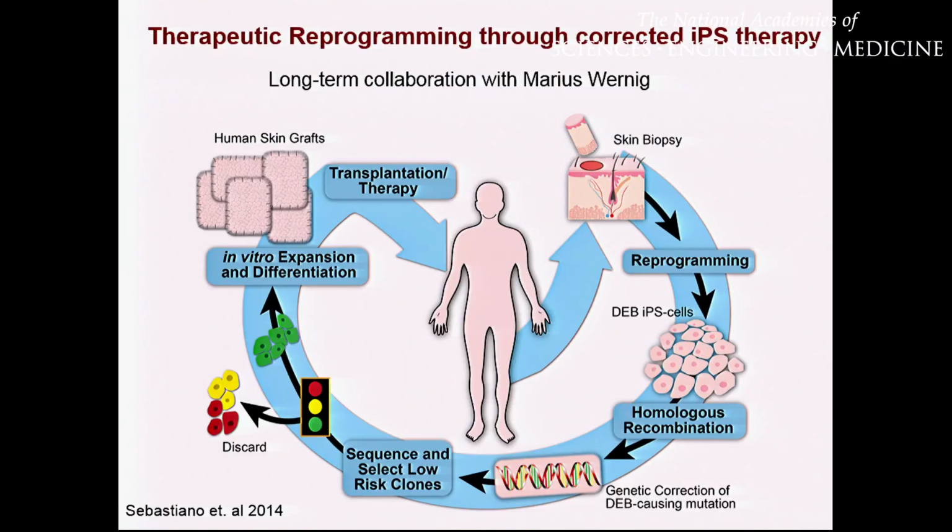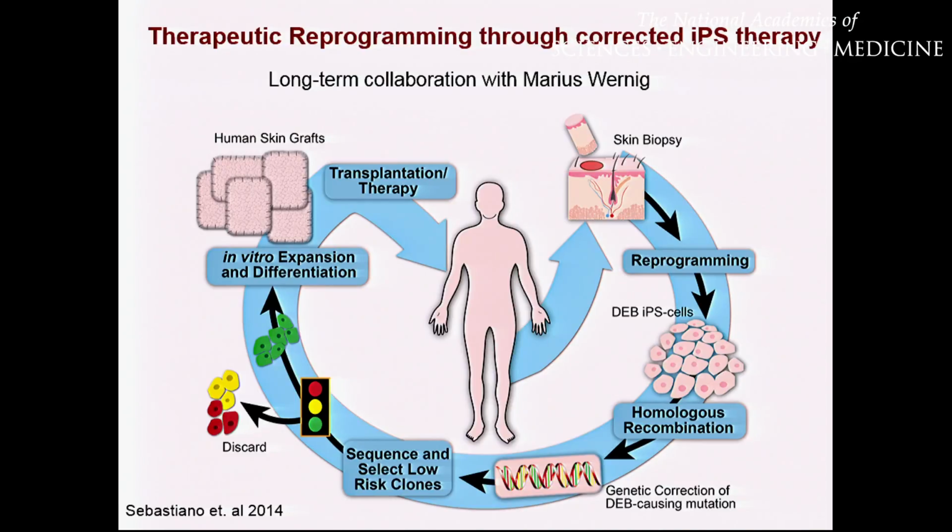And so in collaboration with Marius Werning, my longtime collaborator at Stanford, and in this crowd, this is not unusual, we used iPS cells, these induced pluripotent cells, in a process called therapeutic reprogramming, where you can take the skin biopsy, use the Yamanaka reprogramming factors to make induced pluripotent cells for these patients, and then use genome editing techniques to correct the particular disease.